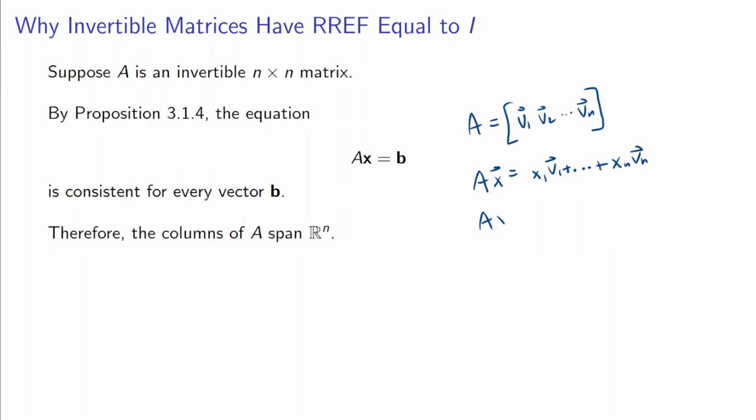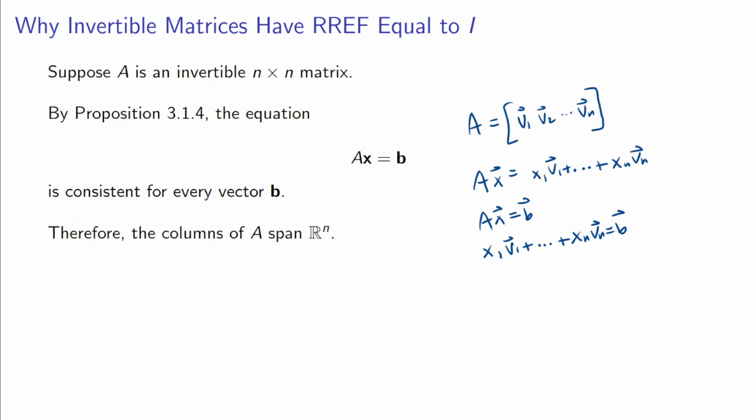And so if Ax equals B has a solution, that basically means that there's a linear combination of the vectors that make up the columns of A to get to any vector B in Rn. And so any vector B can be written as a linear combination of the columns of A.